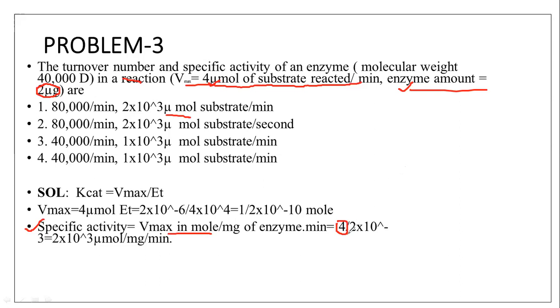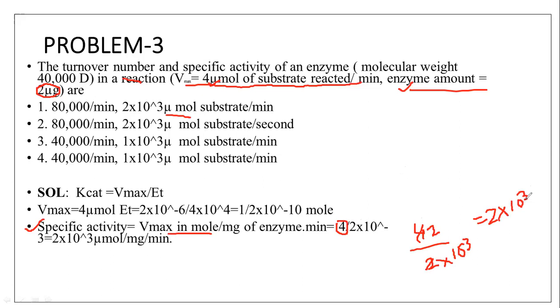So we can consider 4 by 2 into 10 to the power minus 3, so it will be 2 into 10 to the power 3 micromole substrate per milligram per minute, right?